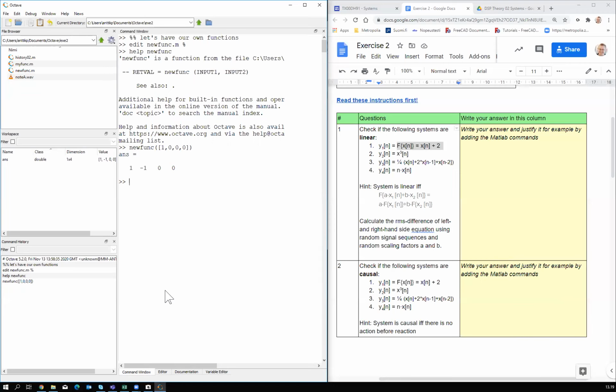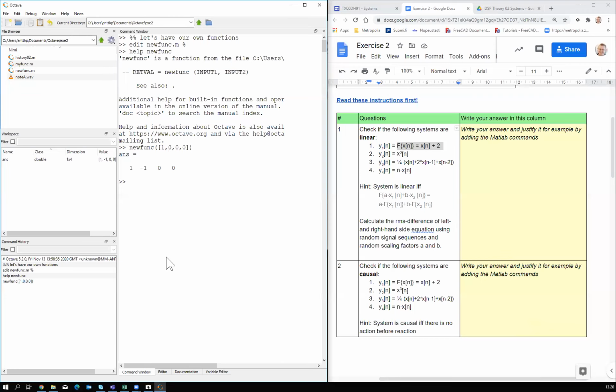The next one is 0 minus 1. So it's rotating it to the right direction. Yeah, rotation to the right, I think. So shifting in the positive way is here the delay. Good.